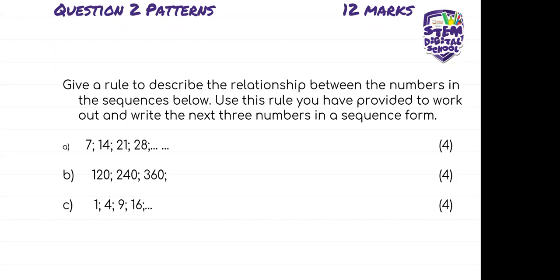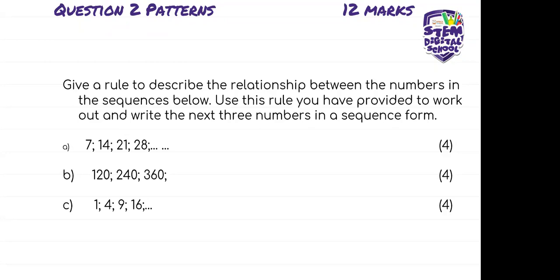Remember that the multiples of 7: 7 times 1 is 7, 7 times 2 is 14, 7 times 3 is 21, and 7 times 4 is 28. So that is what we have. So obviously, to get the next term, you can multiply 7 by 5 to get 35.